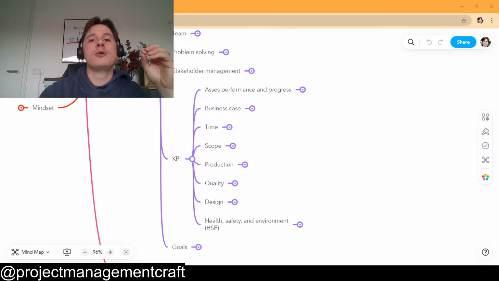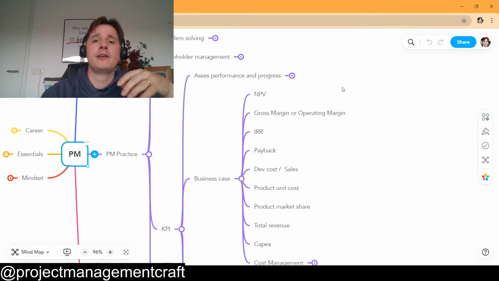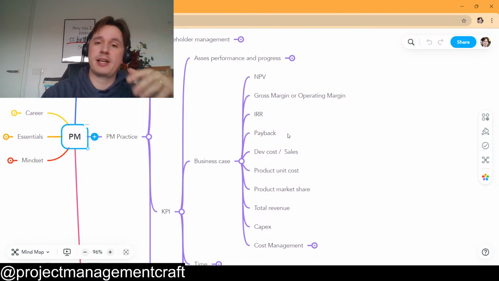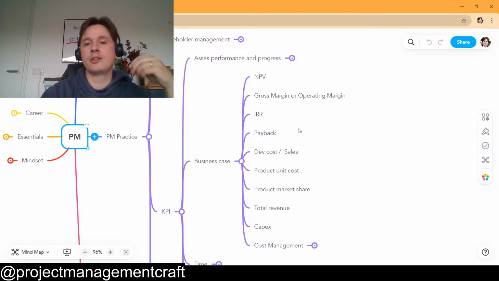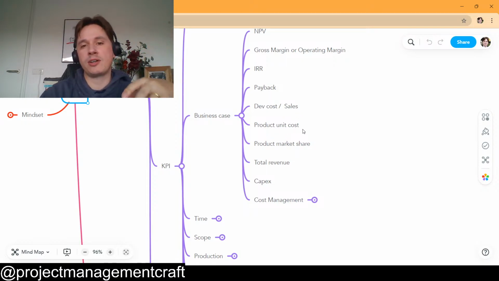So you need to look into those different perspectives, and you need to understand what makes sense for your project. And of course, if you look at the business case, you can have NPV, net present value, gross margin, operating margin, internal rate of return, payback, development cost per sales, product unit cost, product market share, total revenue, capex.